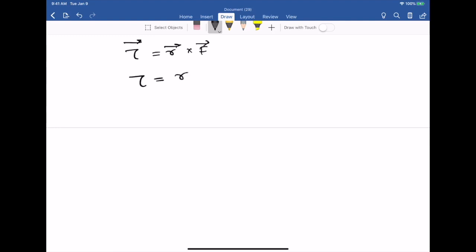The magnitude of the torque is R F sine theta, which can also be written as force multiplied by lever arm. So let's look at an example of calculating the torque. I'm going to do one example here, and there's also a nice example on slide 8 of the PowerPoint. I think we'll also work through that one. So the example that I'm considering is this one.